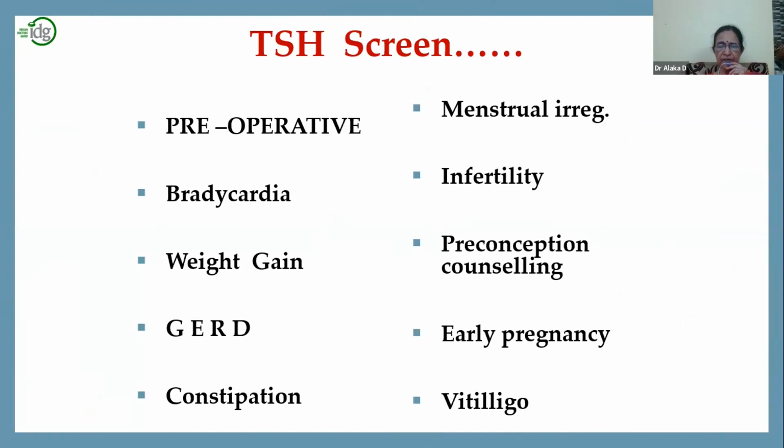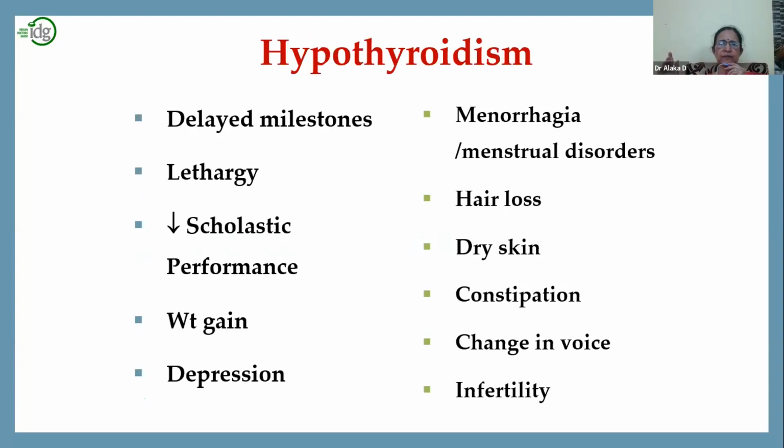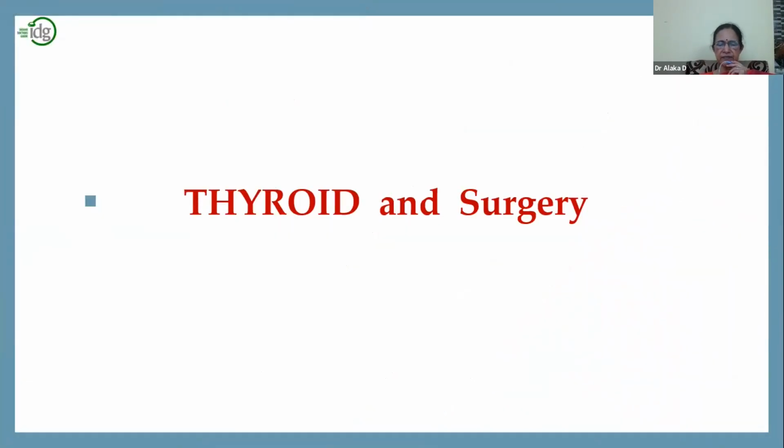Patient doesn't complain of any symptom, but do the serum TSH as preconception counseling, in early pregnancy and in cases of vitiligo. In children, it will be delayed milestones, lethargy, decreased scholastic performance, there may be depression, then hair loss, dry skin, constipation, change in voice, all these are other indications to do TSH level.